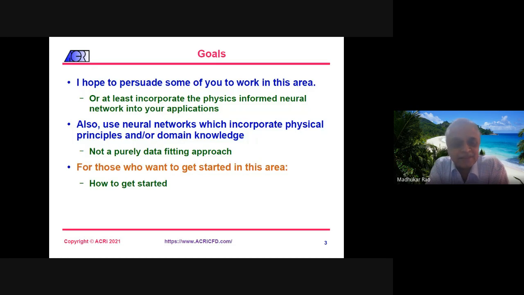Specifically, if you do use neural networks and machine learning in general, please do use neural networks which incorporate physical principles or engineering domain knowledge, and not just a purely data fitting approach. And my third point is, for those of you who may like to get started in this area, one slide on how we can get started, and one or two links for that. So these are the 3 main items that I want to convey in my talk today.